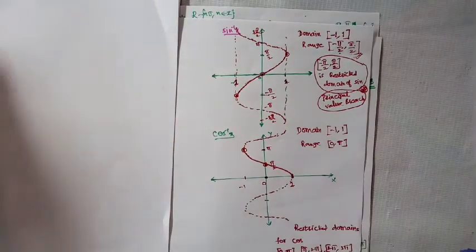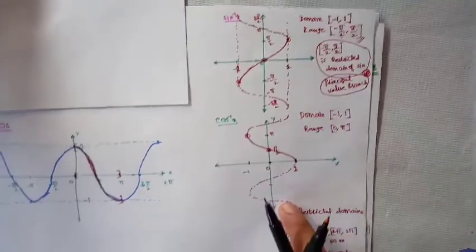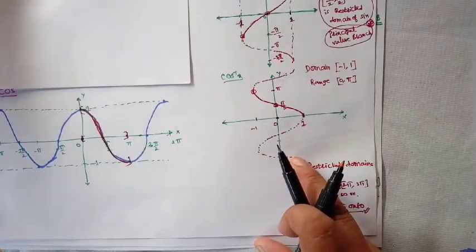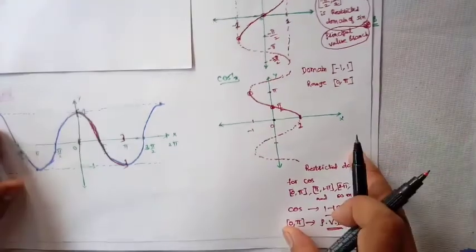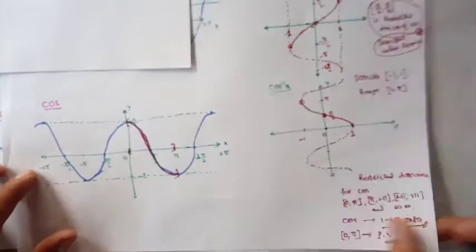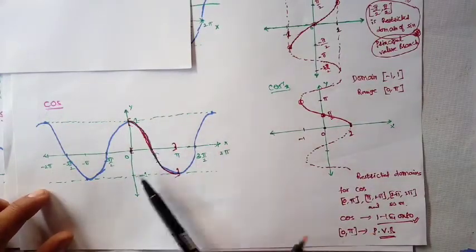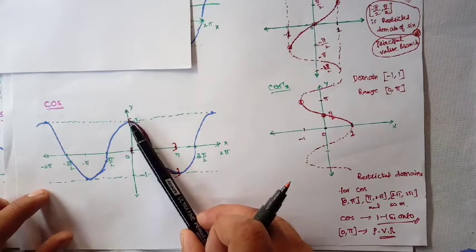Coming to the next graph, see here how the cos is taken. As we already know, the cos domain is going to be R, and the range is from -1 to +1.